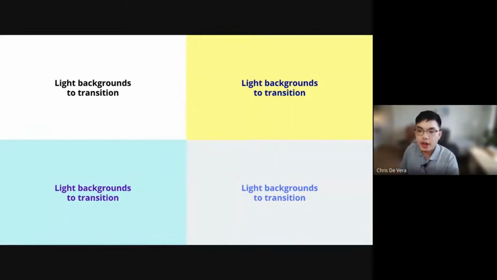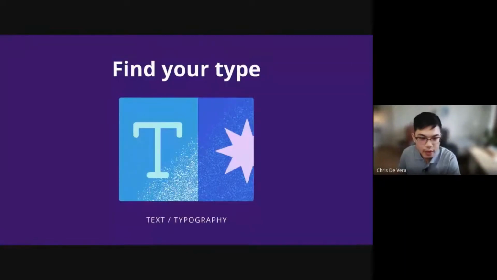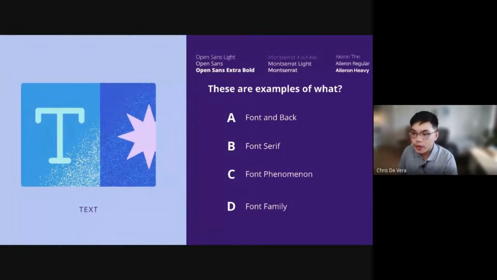Now let's try out fonts or text. So we've talked about text last time. I've talked to you about serif font, sans serif font, display fonts. But what about this? What do you call these, let's say, sets of fonts? So for example, you have Open Sans Light, Open Sans, and Open Sans Extra Bold.